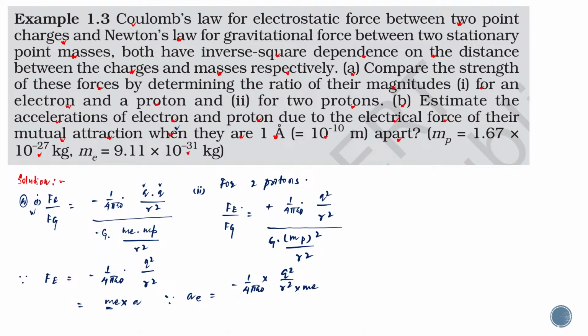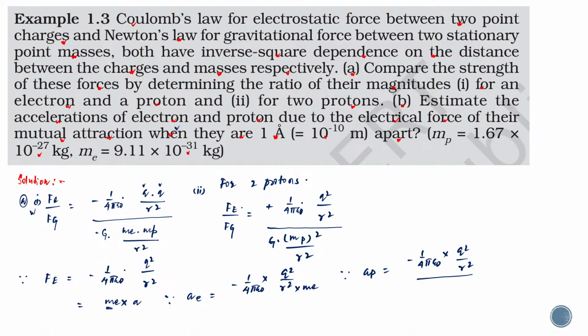Similarly, acceleration of proton will be electrostatic force between electron and proton, which is minus 1 by 4 pi epsilon naught into q square by r square, by here will be mass of proton.